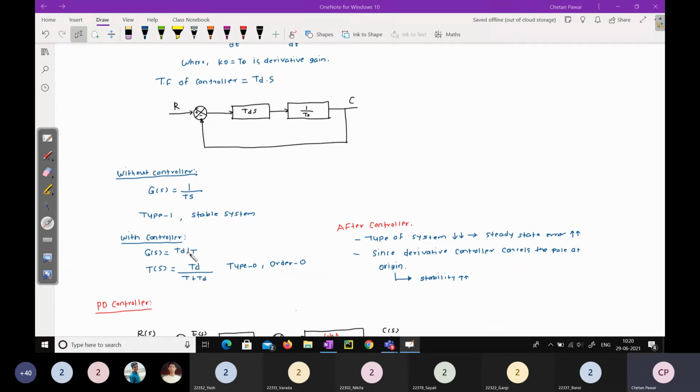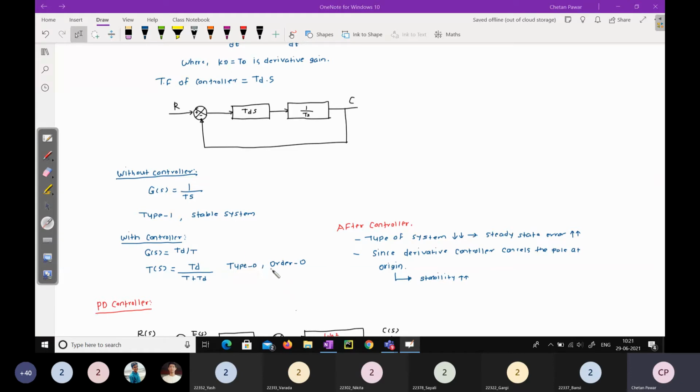So the type will become 0 and the order will become 0. Here the type of the system is decreased when you add a derivative controller.